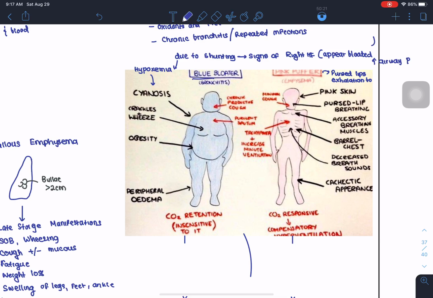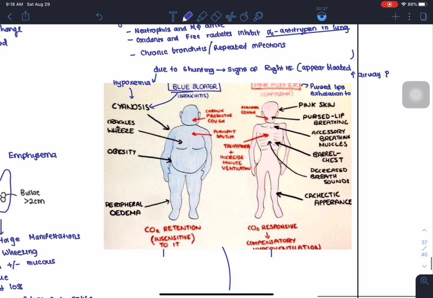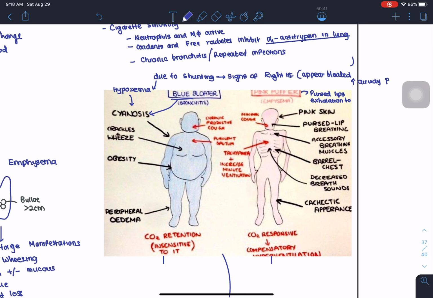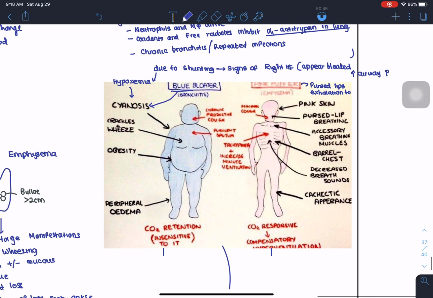Why is the patient blue? Due to cyanosis. Cyanosis is hypoxemia. Basically, due to low oxygen in blood, the blood looks more blue. So the patient looks more bluish in color. The reason for hypoxemia is a process called shunting. You will learn that in pathophysiology, so I will not go through this now. Once you learn it and come back to this, you will understand it better.